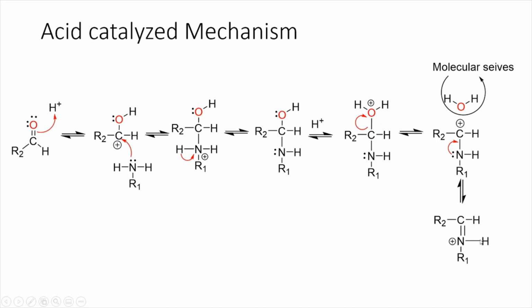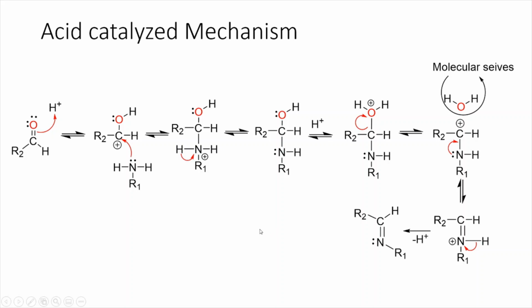Now this hydrogen will go as an H plus, since it is acid catalyzed, so the catalyst is coming back to give you the Schiff base. So this is very simple, almost similar to the mechanism I have shown previously.